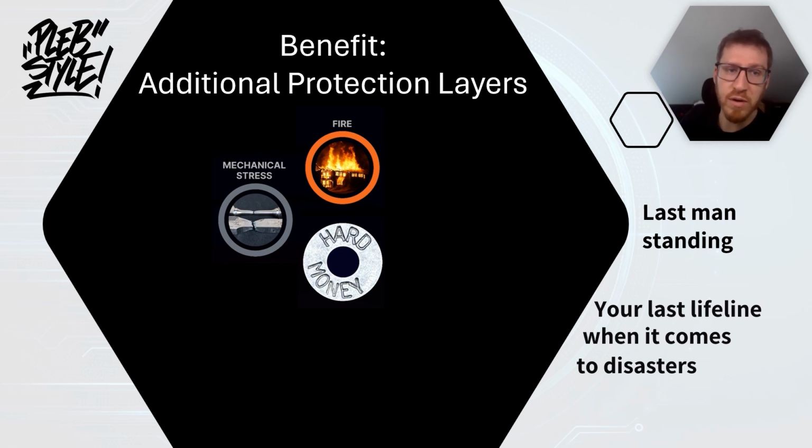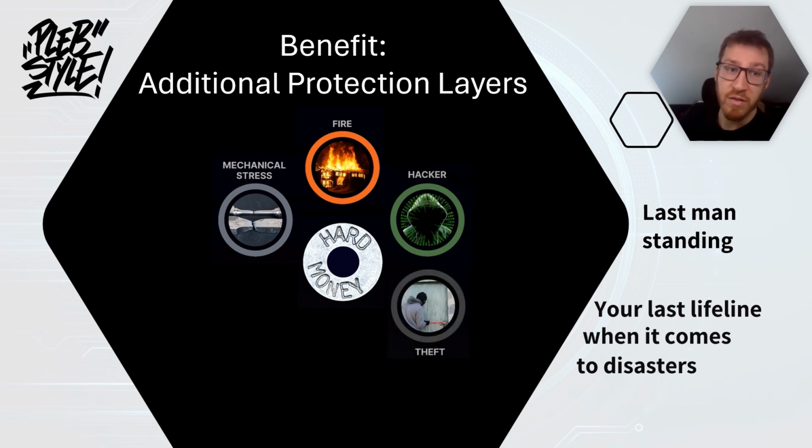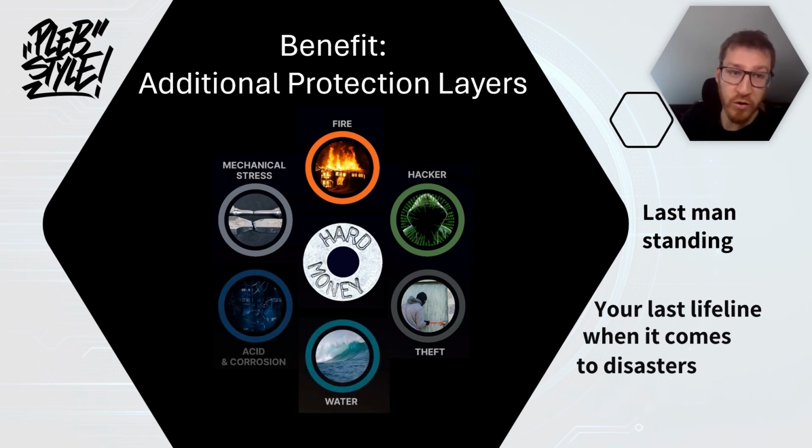It also protects you against hackers, simply because it's offline. Theft, well, you have more hiding places, more options, like outside, because it should be resistant to water and corrosion. Also acid, but acid is quite an exotic attack vector. Remember, your backup is your last man standing when it comes to a disaster. It's designed as a backup for catastrophes.